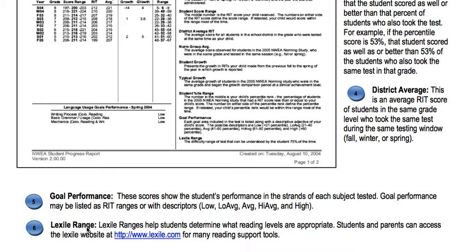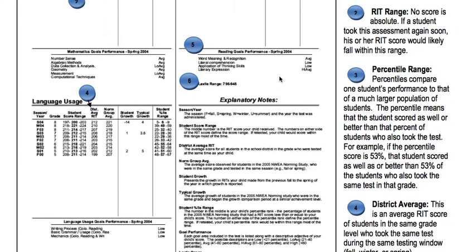Then finally, we have the Lexile range. And the Lexile range refers to the complexity of the stories or the complexity of the reading. That means how difficult is the vocabulary, how complex are the sentences, how complex is the structure of the reading. And so that can help you determine what books you should be reading at home, what books your child can read at home by themselves.